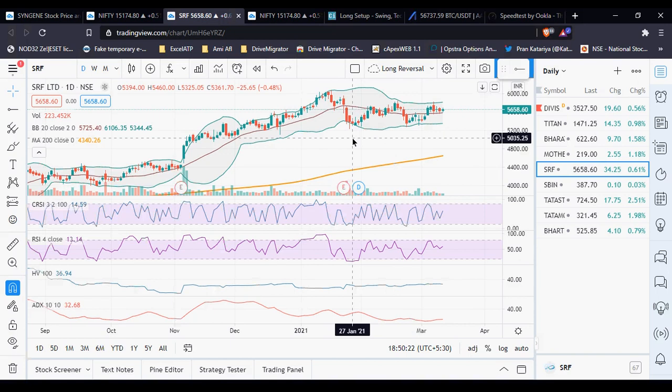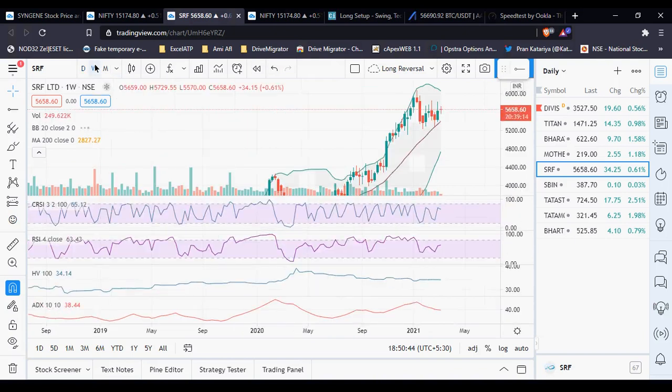The historical volatility and ADX are almost negligible. The day we initiate would be 1st of February, but before that let us check the weekly setup as well.